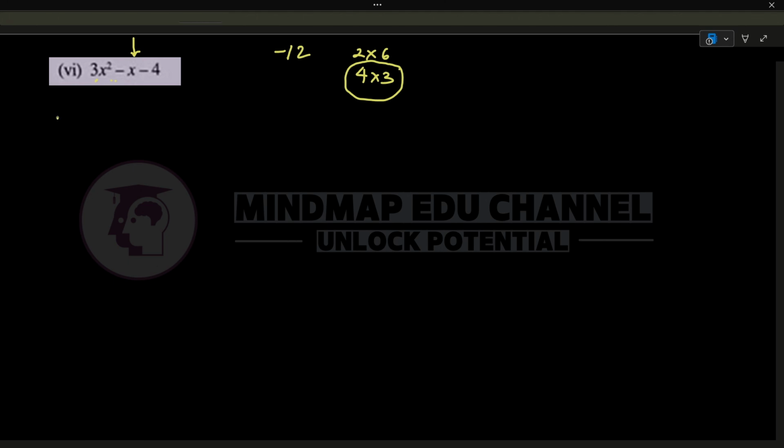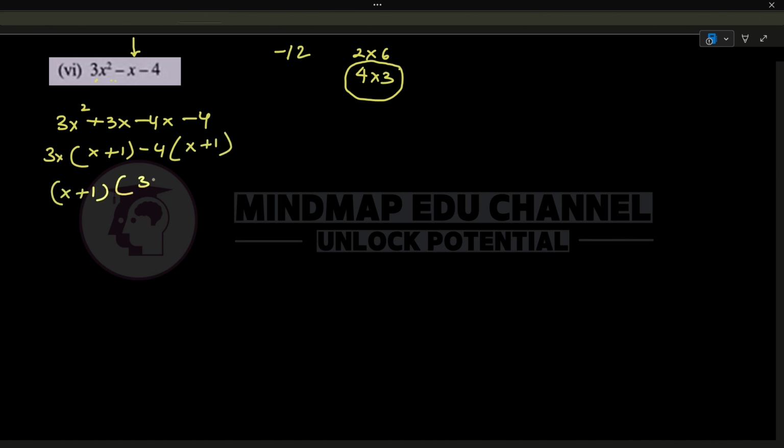So let's write here 3x square plus 3x minus 4x minus 4. Let's take 3x common. So we'll get x plus 1, and minus 4 common, so it will be x plus 1. So we get x plus 1 and 3x minus 4, and the two zeros we'll get is x is equals to minus 1 and x is equals to 4 over 3. So these are the two zeros.